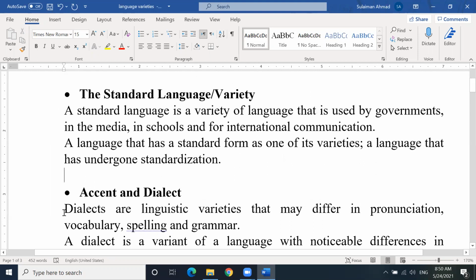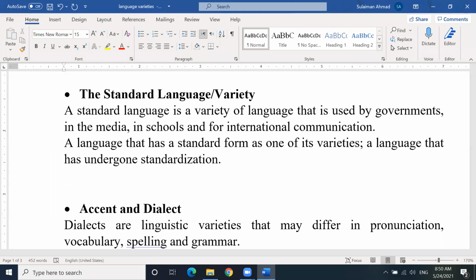Let's talk about standardization briefly. If you look at the Pashto language, for example, you people speak Pashto, I speak Pashto, all of us speak Pashto. But what is the standardized form? What is, you may say, the codified form, the written form of Pashto?